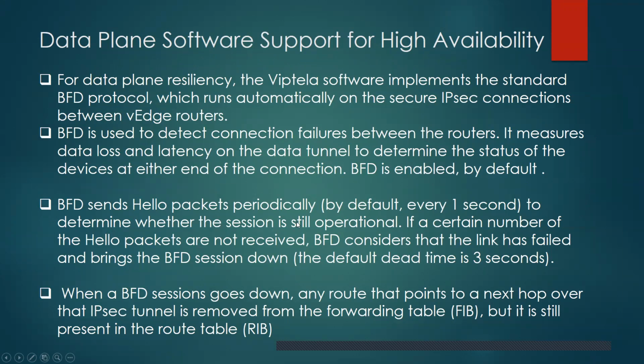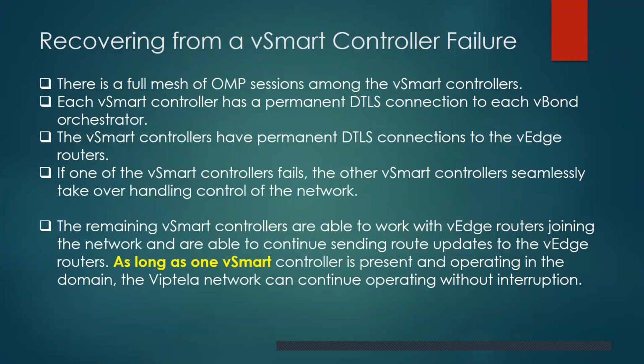We have the OMP protocol running inside edge devices. We have TLOC extension. We have VRRP. Those labs and theory will come in upcoming classes. We have a different lab and slide for VRRP, for TLOC extension, and for BFDs.